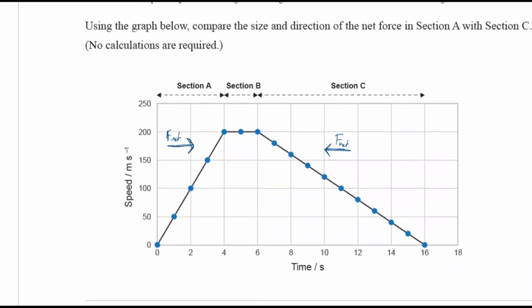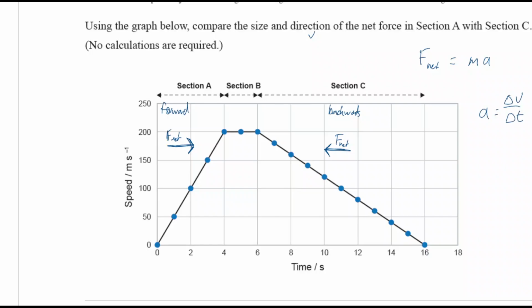All right, so we've already compared the direction. We'll put it into words in a second. Direction was done. So they're in opposite directions. Like this one is forward, let's say, and this one is backwards, the net force direction. What about the size? So the size of the net force, remember, is equal to mass times acceleration. In section A, since this is the speed time graph, the gradient is steeper, and we know acceleration is actually equal to the gradient, right?